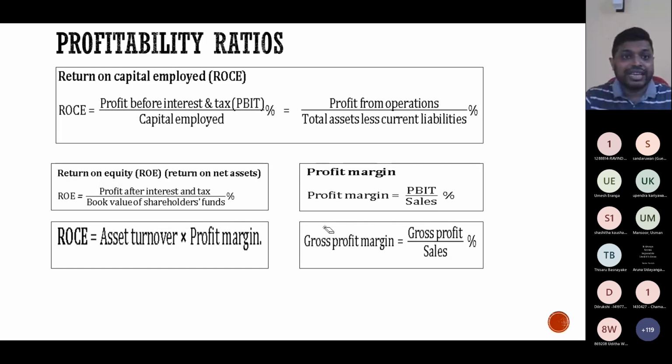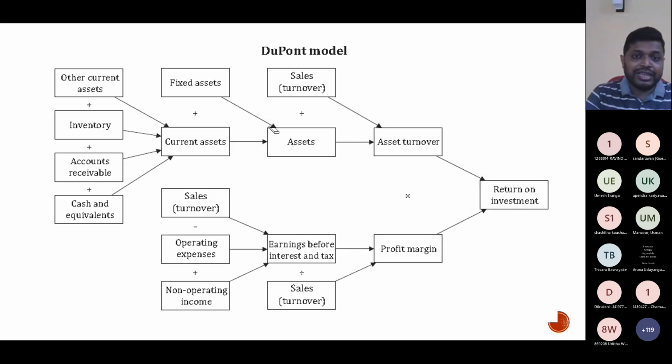Those are the areas which you can discuss or work out. Then DuPont analysis is a way of assessing your return on investment when there's no specific information given. This is the approach by which, based on the available information, you will be able to calculate ROI, right?